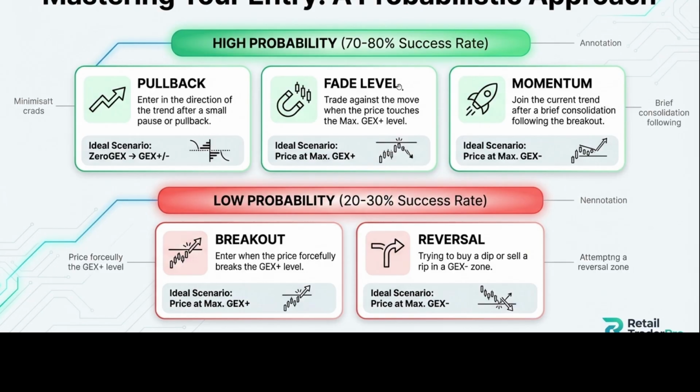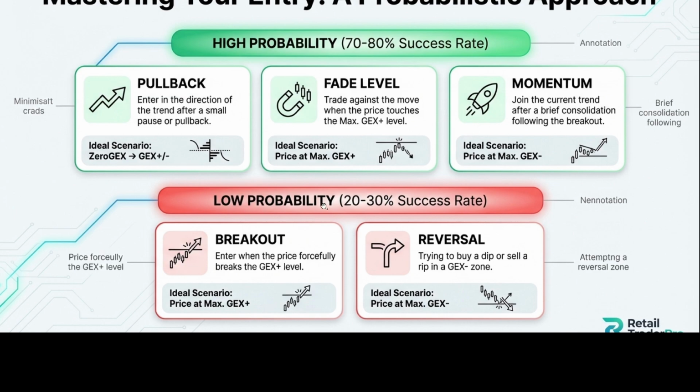You can fade the level, trading against the move when the price touches the max Gex positive level. But what happens if price breaks the max Gex level? Join the current trend after a brief consolidation following the breakout.